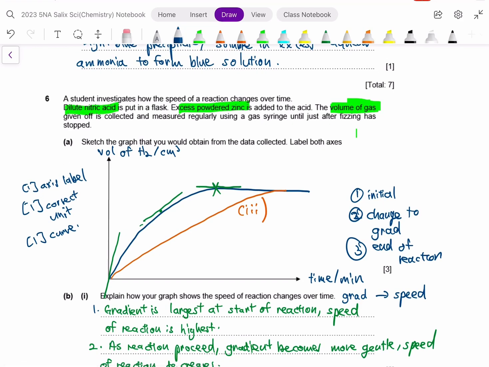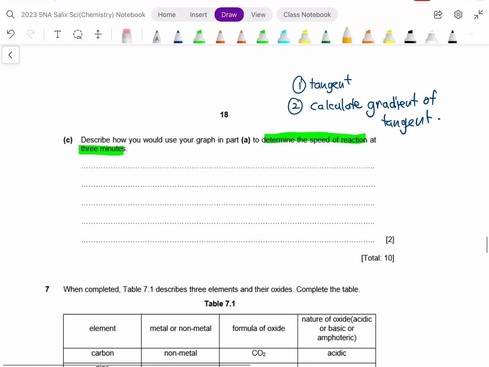Let's say this is 3 minutes, you draw a tangent and then find its gradient. Number one, you have to draw a tangent to the graph at 3 minutes.